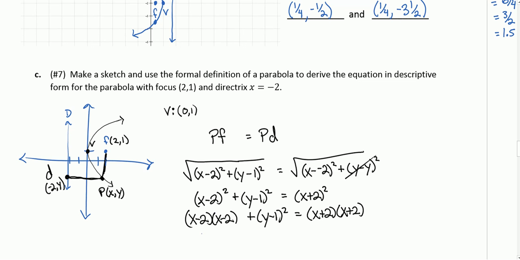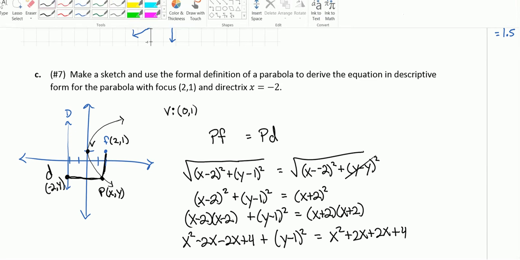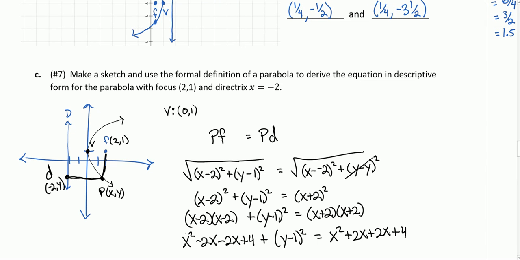And when we multiply things out, we end up with x squared minus 2x minus 2x plus 4 plus y minus 1 squared is equal to x squared plus 2x plus 2x plus 4. And you see we can subtract x squared from both sides, subtract 4 from both sides.